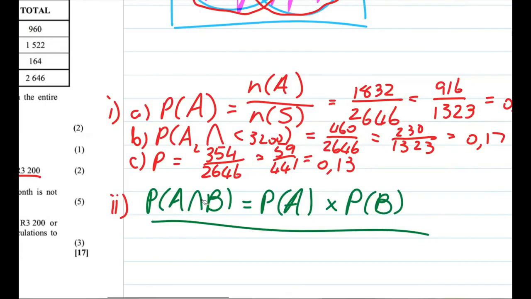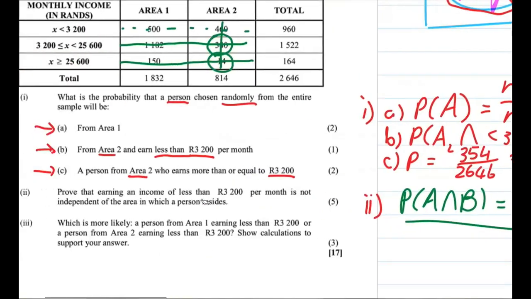So what we're going to do is they want us to prove that these two events are independent. Right. So what are the two events? They're talking about prove that earning an income of less than 3,200 per month is not independent of the area. If they just say area, it's not independent of the area. That means we can choose any area.